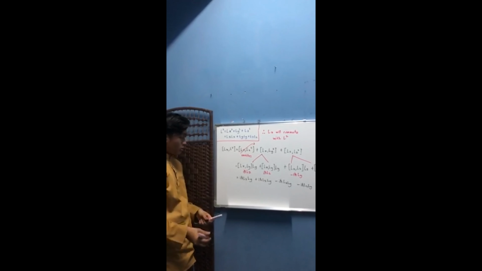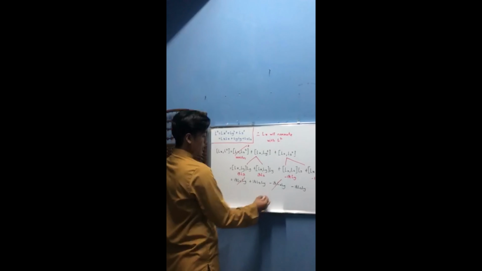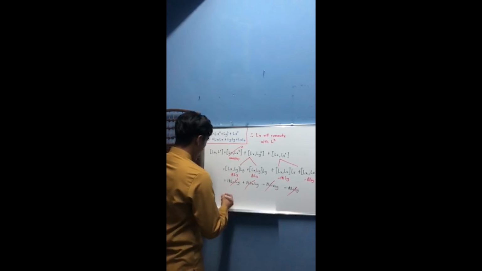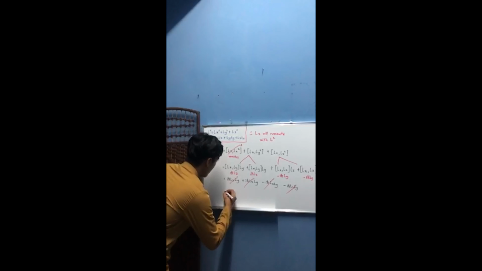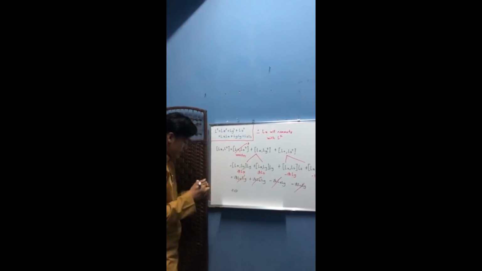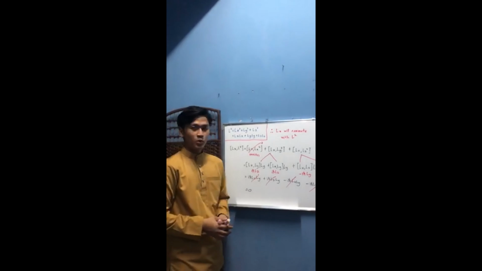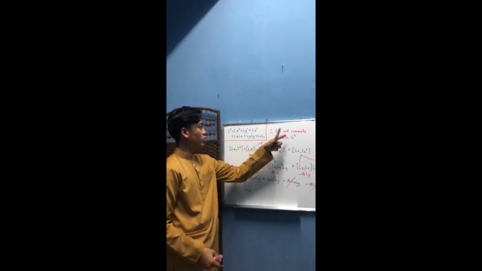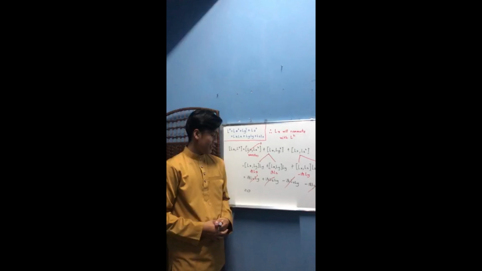So this cancels this one, this cancels this one, and the answer will be 0. That's proof that Lx commutes with L squared. Done.